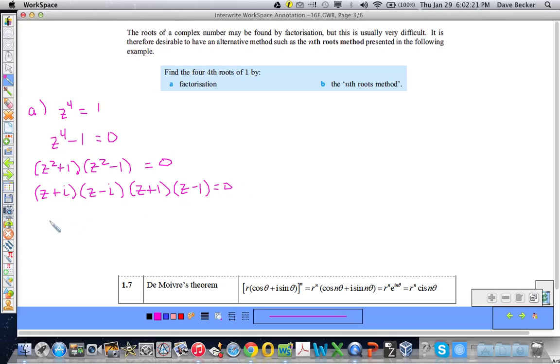So clearly we get z equals plus or minus i, or plus or minus 1.